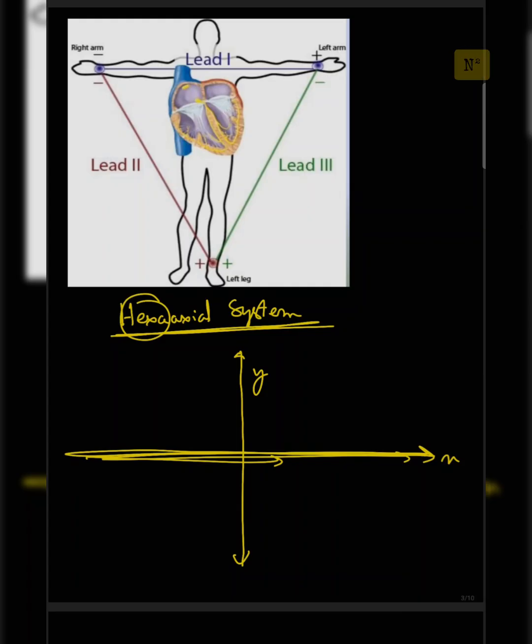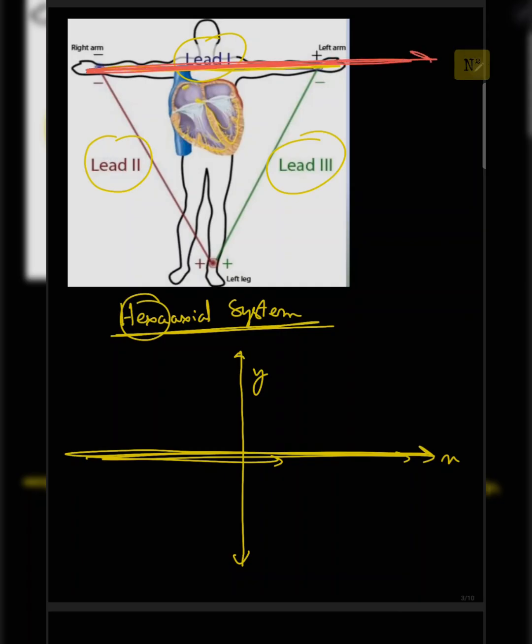Now we know lead 1, lead 3 and lead 2 are placed in certain points in the body which make certain angulations with that of the heart. Placing the heart at the very center, this lead 1 is actually aligning with the horizontal axis.